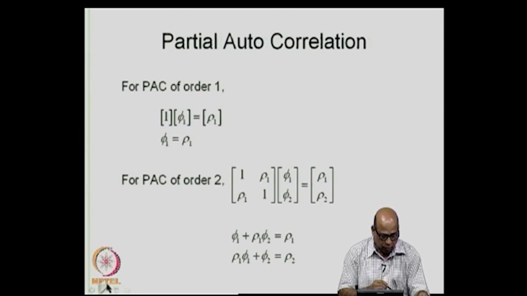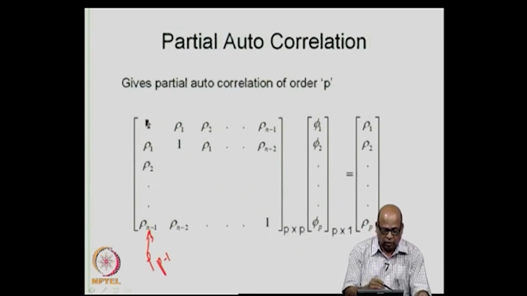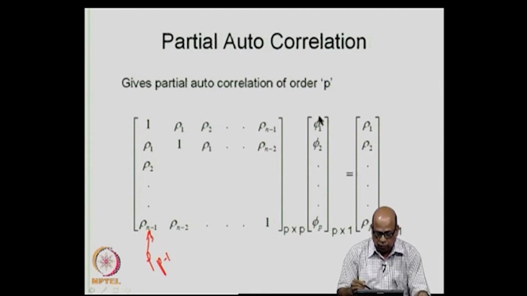Similarly, for the second order partial autocorrelation, you will write the Yule-Walker equations of order 2, which is 1, rho 1, rho 1, 1. What I am doing now is writing it for the second order. So, 1, rho 1 and rho 1, 1, multiplied by phi 1, phi 2, is equal to rho 1, rho 2.